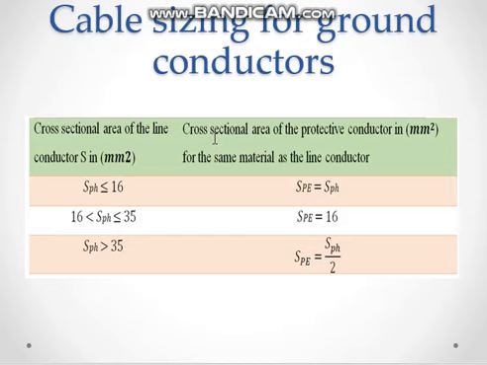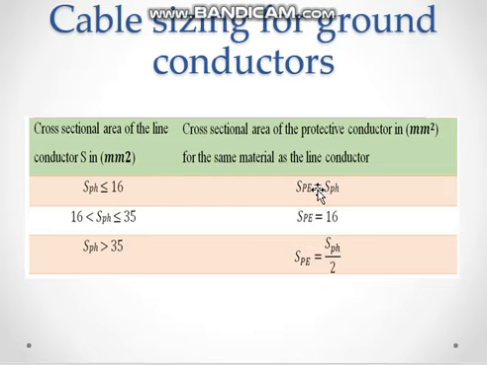So let me go to the cable sizing of the ground conductors. While sizing the conductors for ground, you have to consider the cable that you have found before. If you have found a conductor which is less than 16 square millimeter, you can use the same wire.